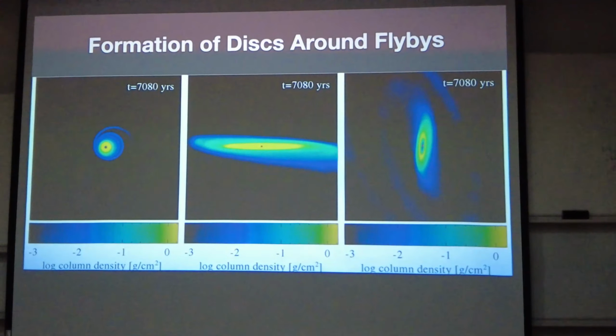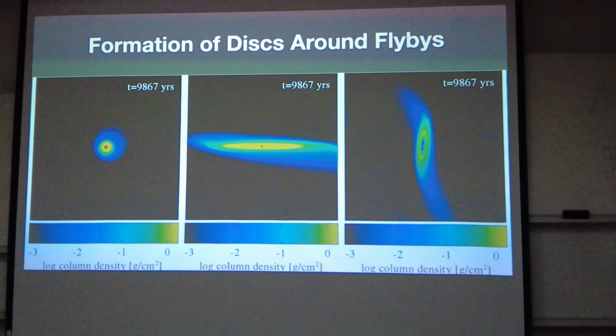That's something that I did not expect to happen, and I'm working to figure out why there is a mutual inclination of 90 degrees when the flyby inclination is 45 degrees. So it's quite interesting. In this case, you form a disk that's polar with respect to the primary disk. Again, this is another flyby project that I'm working on currently.